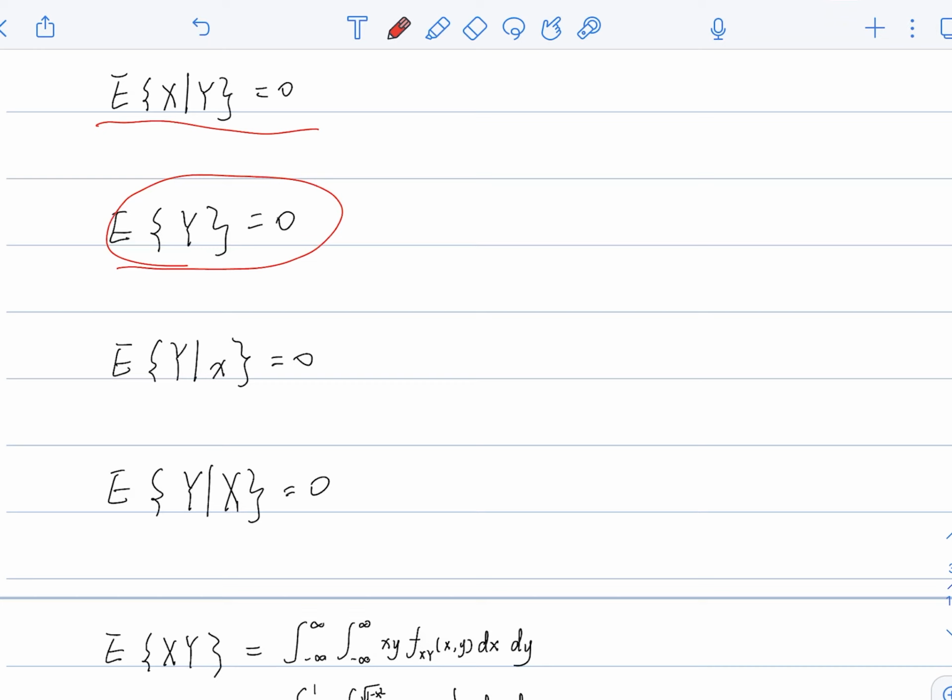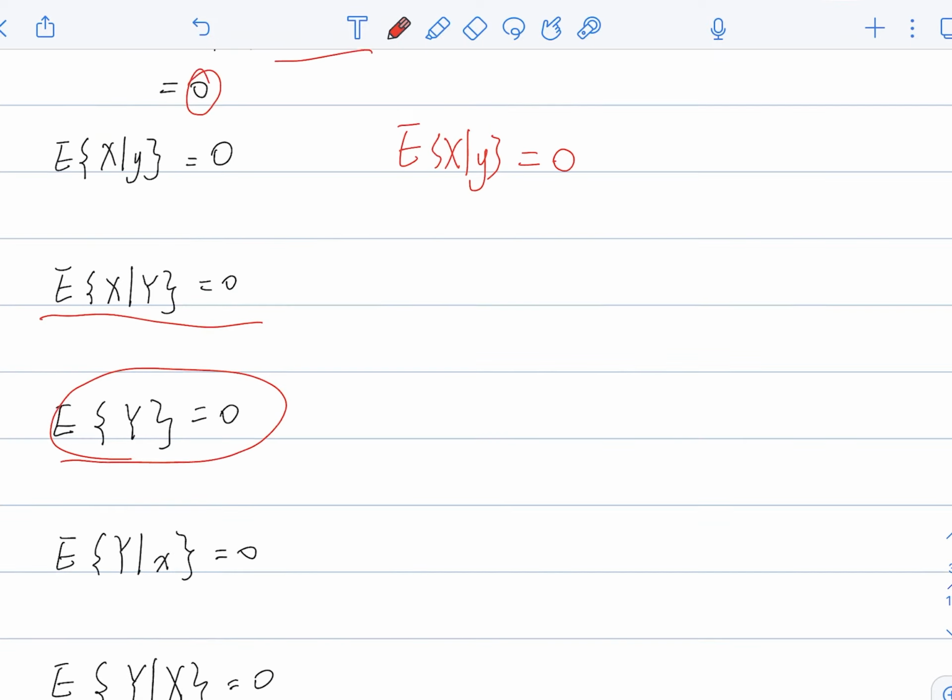Meanwhile, let's consider the expected value of variable y under the condition of the value x.